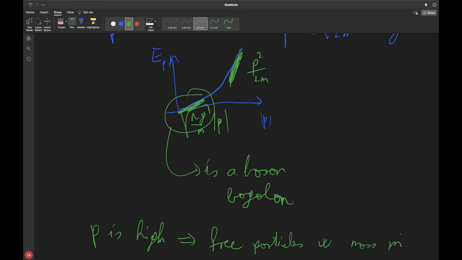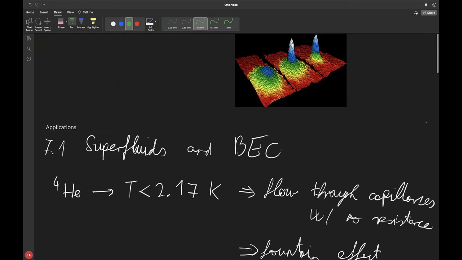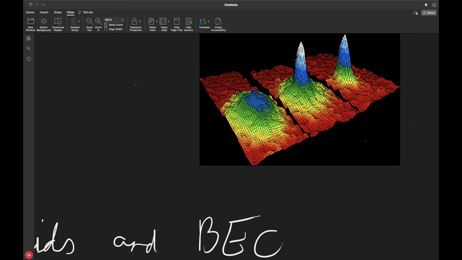Now we could look at some measurements, and that's what I have up here. This plot shows the velocity distribution for a gas of rubidium atoms, and this is how we confirmed the existence of this new phase of matter called the Bose-Einstein Condensate. We see the distribution of how fast things are moving. On the very left, things are moving with every kind of velocity, so nothing special.